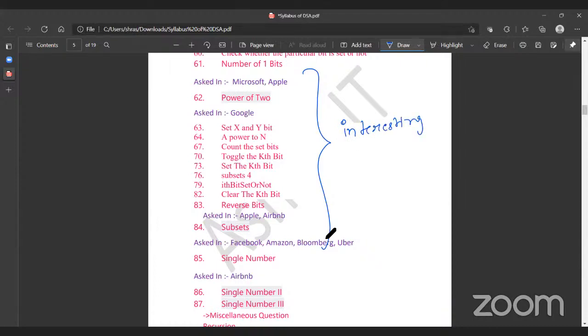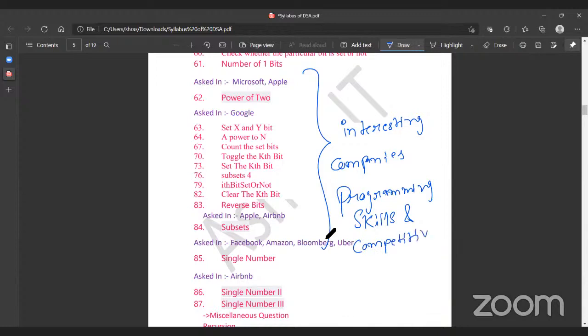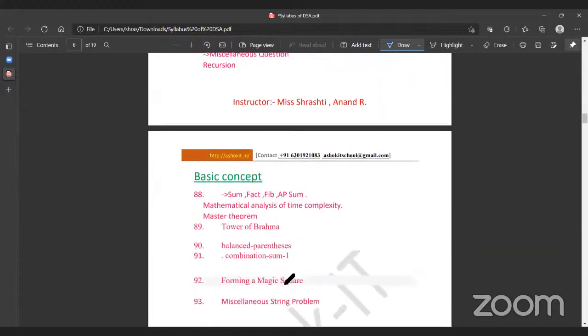It's not asked much in companies, but if you want to improve your programming skills or do competitive coding, this topic is very much asked while testing your programming skills. So I hope you are clear why bit manipulation is a part of this course.